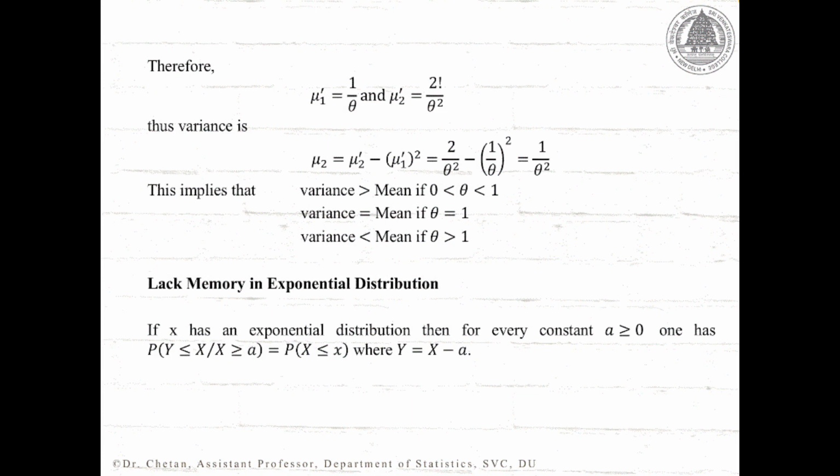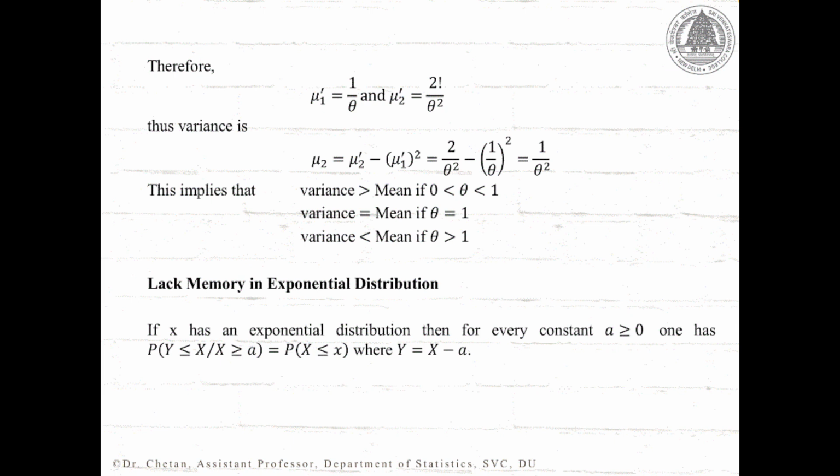Thus, we can find the variance, which is given by mu2. We know that mu2 is equal to mu2 dash minus mu1 dash whole square, which is equal to 1 upon theta square.